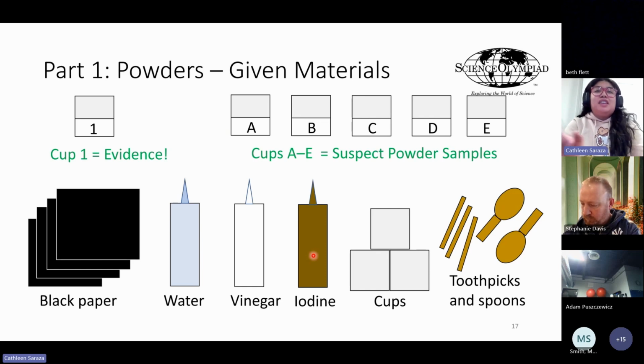Please keep in mind that whatever powders they're given at the table, that's all they get. So if they use up all of, let's say, cup A, they can't ask for more, because that's the only amount of powder allotted to them, whatever is at their table when they start.